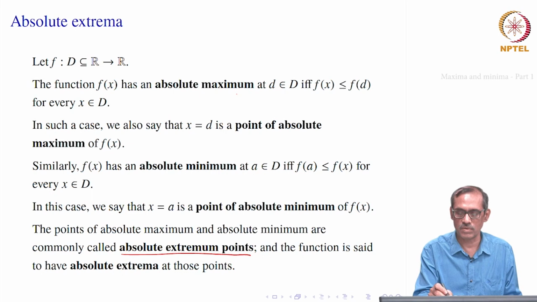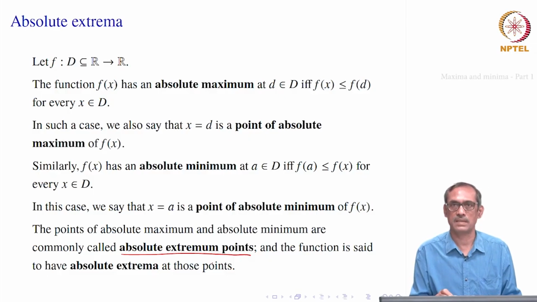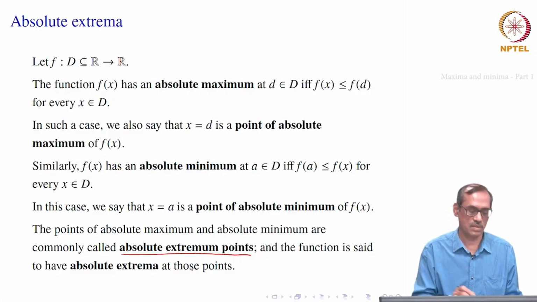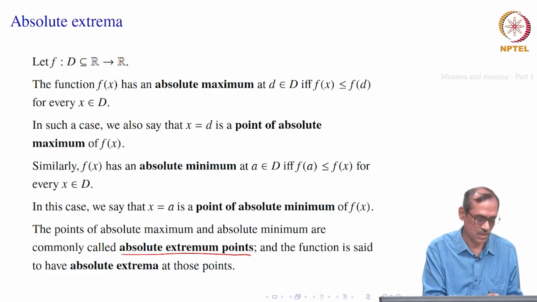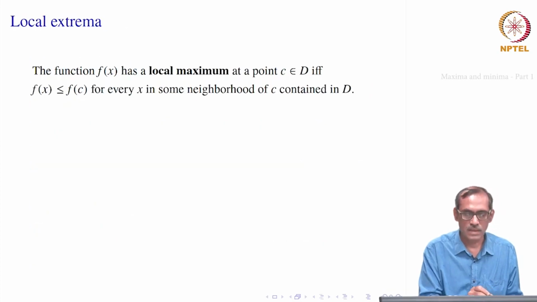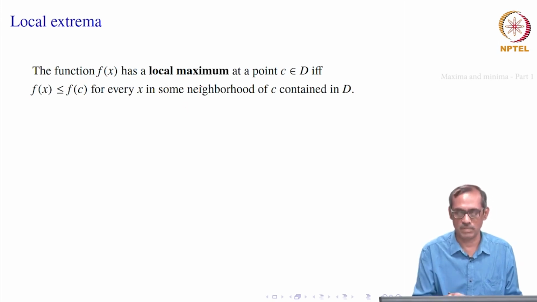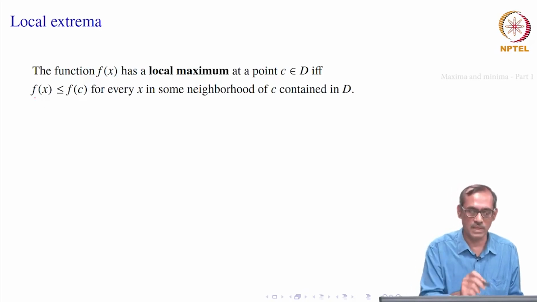Like the function has absolute maximum at D and absolute minimum at A. Similarly, it has absolute extremum at these points. This is just terminology. Corresponding to this, we call it absolute, and there is something called local maximum, which is slightly different from it, but that maximum thing should hold.